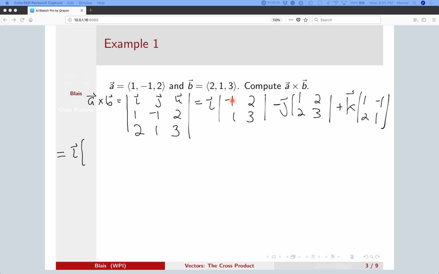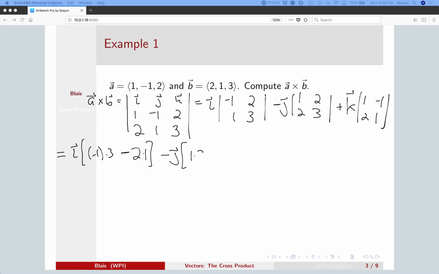remember, top left times bottom right, so minus 1 times 3, minus top right times bottom left, so 2 times 1. Then we have minus J, top right times bottom left, 1 times 3, minus, top left times bottom right, 1 times 3, minus top right times bottom left.